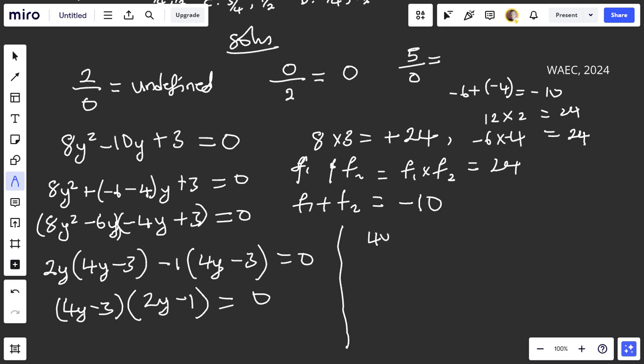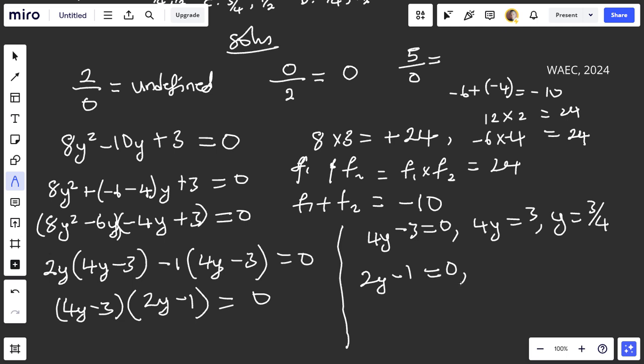So 4y minus 3 equals 0, which means 4y equals 3, and dividing both sides by 4, y equals 3 over 4. For the second factor, 2y minus 1 equals 0, so 2y equals 1, and dividing both sides by 2, y equals 1 over 2.